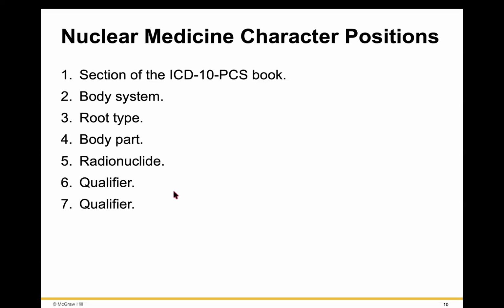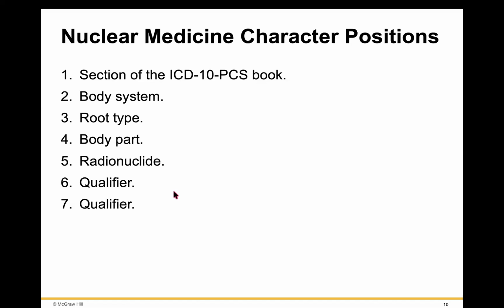So, when you see a nuclear medicine procedure, do you know what details you need to capture for accurate coding? Well, the first thing I should hear from you is yes, there are 7 characters. Remember, there's always 7 characters with PCS. That is the theme, that is the code, if you will, that we're filling in. What section of the PCS are we in? What body system is being studied?